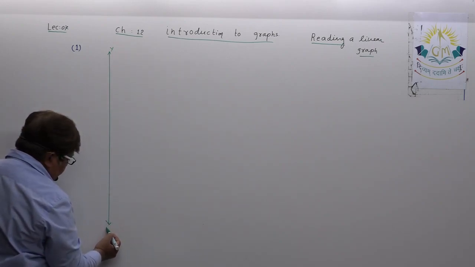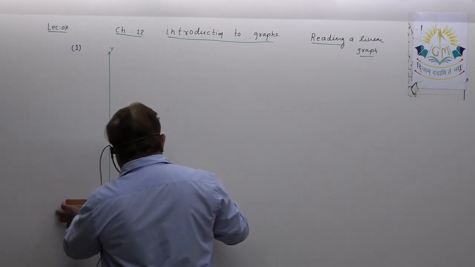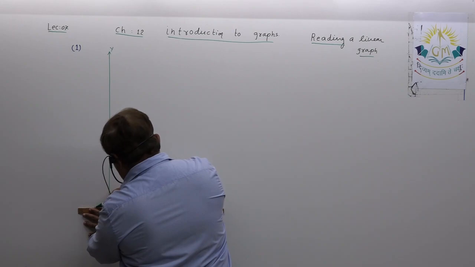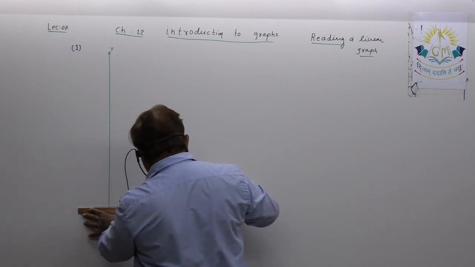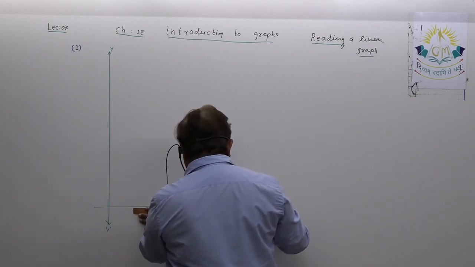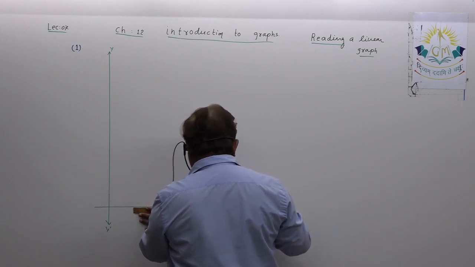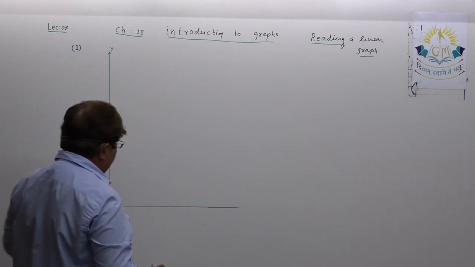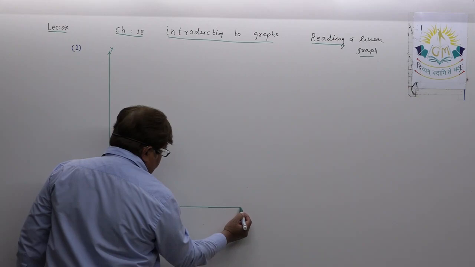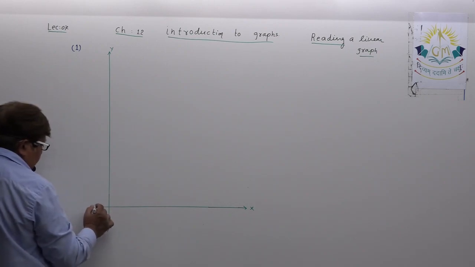This is y dash. Okay, and then draw the x axis also. This is x axis. Understood? Extend the x axis and y axis a little bit, just because we are interested only in the first quadrant, we are showing the first quadrant only.